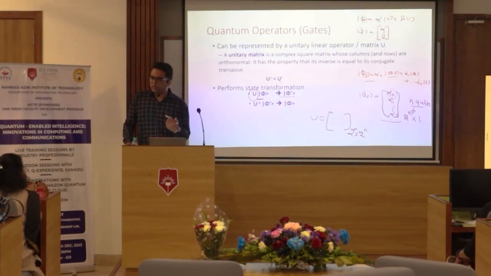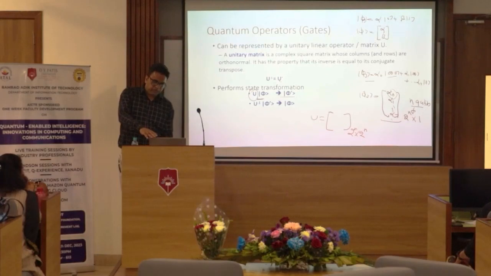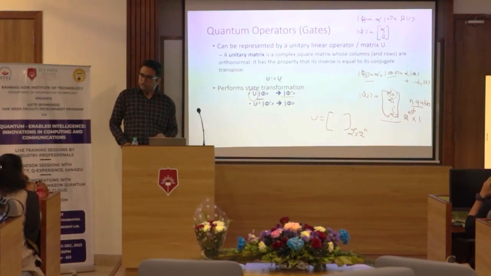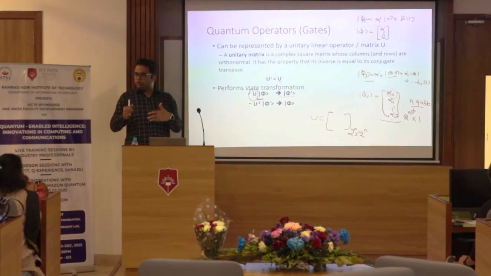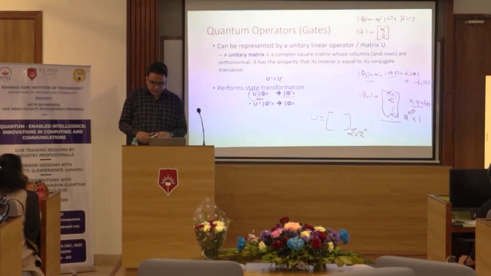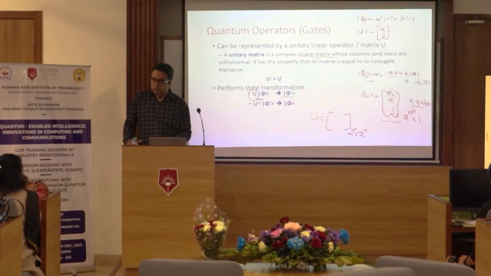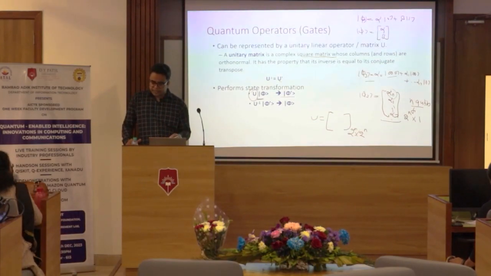So in case of a 1 qubit gate, it will be a 2 cross 2 matrix. And corresponding to this matrix, there will be a physical operator which will do the desired thing. This matrix is a square matrix, and the property of this matrix is that its transpose conjugate exists, and that is nothing but U inverse.